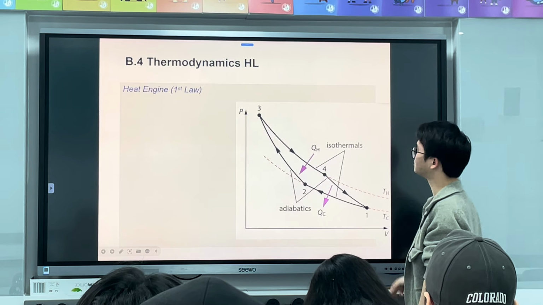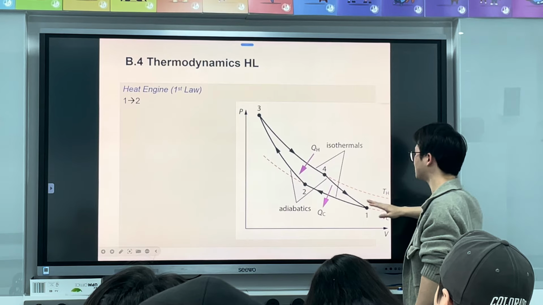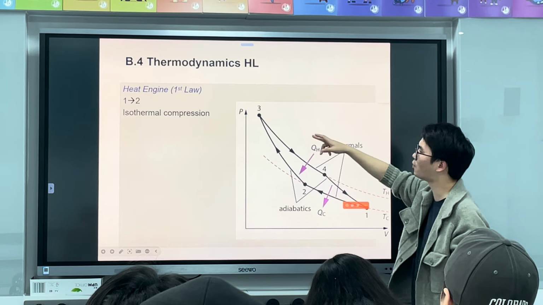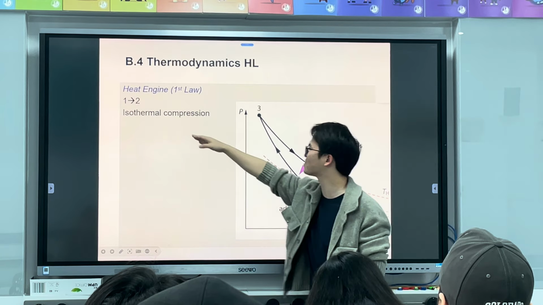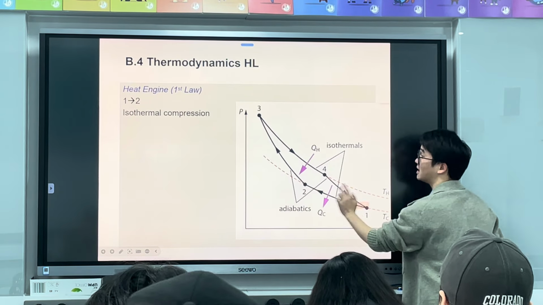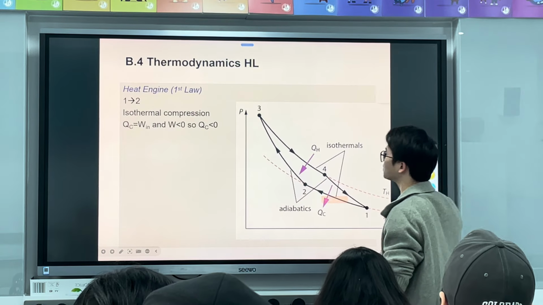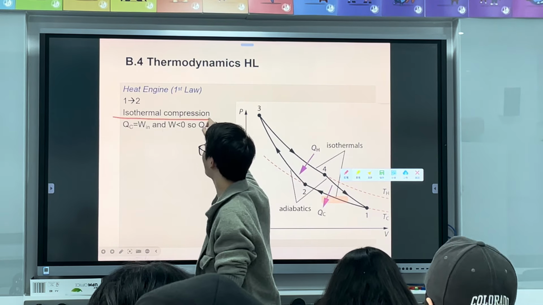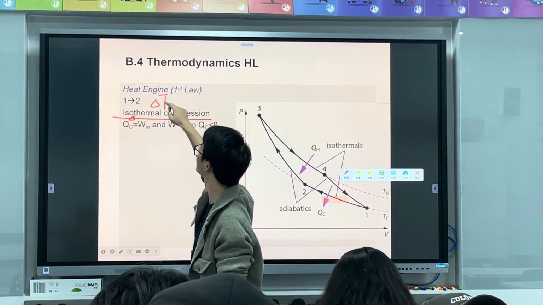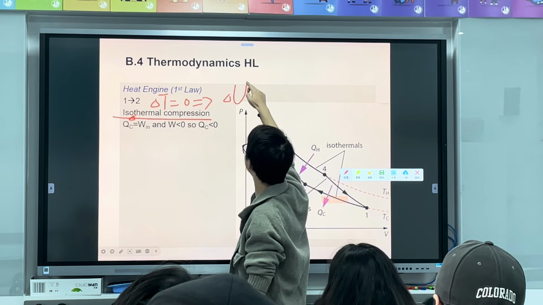Right, so let's dive into the details of each process. We know that from 1 to 2, it's going to be isothermal compression. Temperature stays the same, but volume decreases. In this case, since it's isothermal, what do we know? That temperature doesn't change, so delta U doesn't change.